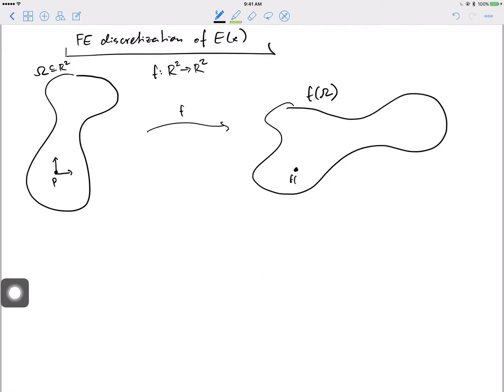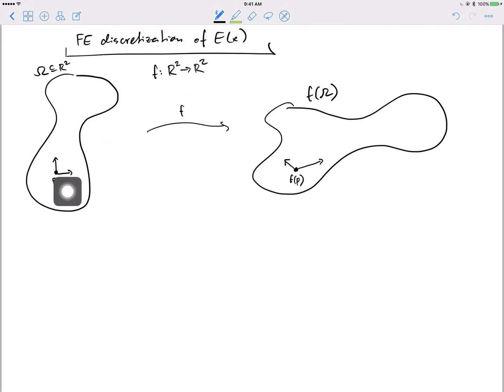That's my f of p. And I can also look where these axes are mapping, and what I will see is that, depending on the distortion, they are now distorted. That's the key idea. We want to measure the local deformation around every point p, and we will integrate this to get the total deformation energy E.